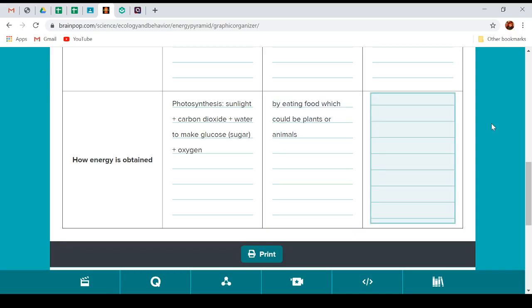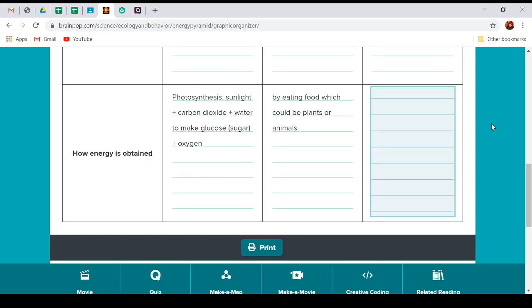And now, decomposers, how do they get their energy? Well, remember, they are similar to consumers in that they eat dead material. But if you think of a mushroom, it doesn't have a mouth. It can't really eat its food. It's going to be breaking it down. What's going to happen is it's going to grow roots around the dead, decaying material, and it's going to break that down.